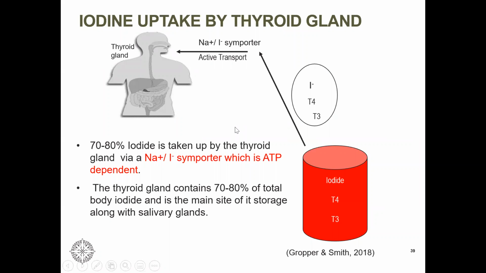But the point to remember from an exam perspective and otherwise is that when iodine reaches the thyroid gland, that's the place where it is used maximally. And there we have an active transport mechanism happening, and we call it the sodium iodine symporter. So for one iodine molecule, a sodium is exchanged.